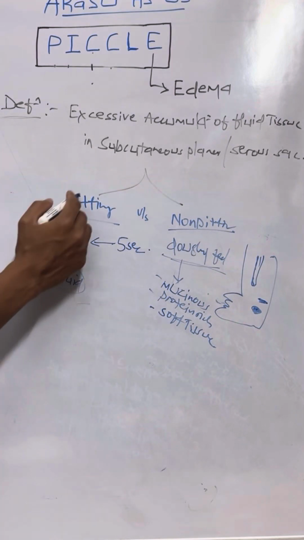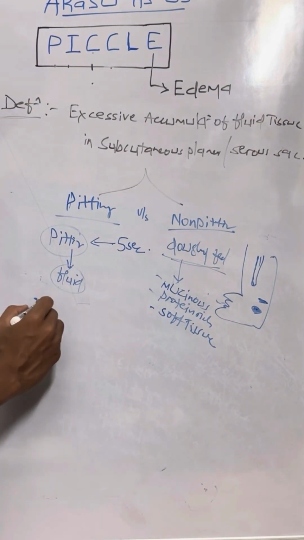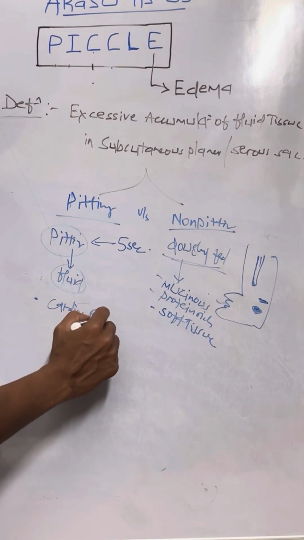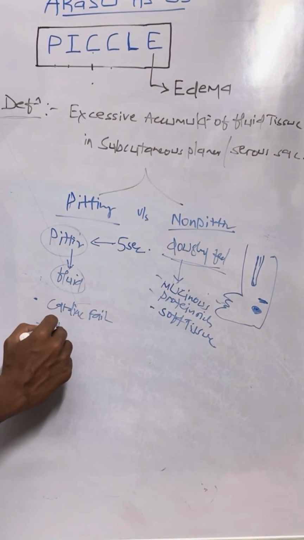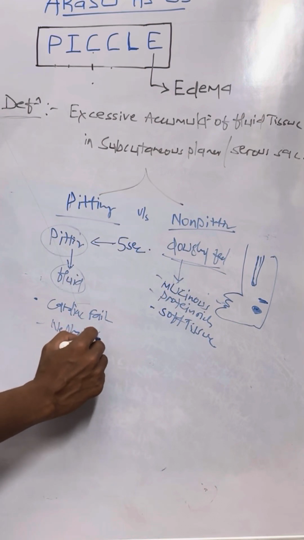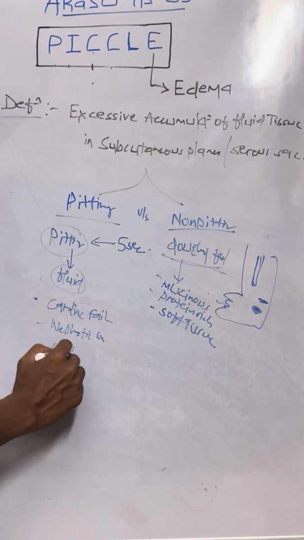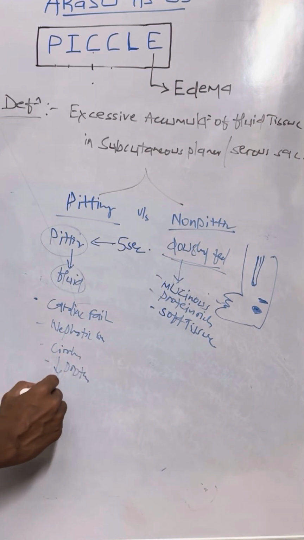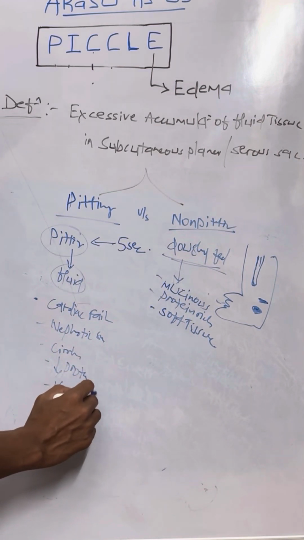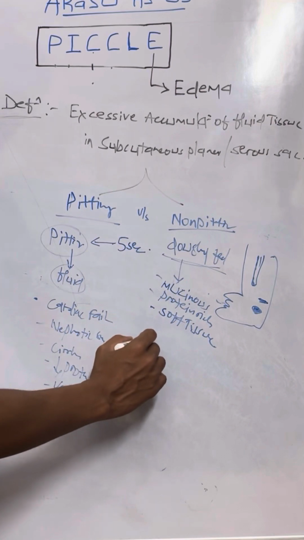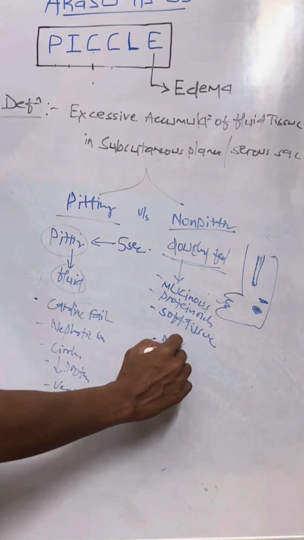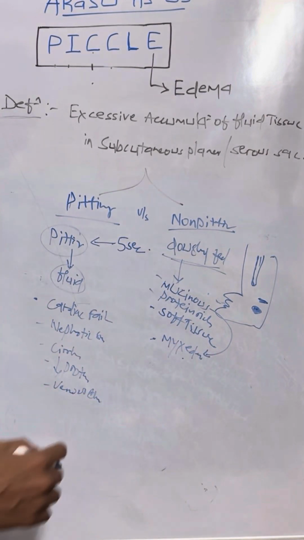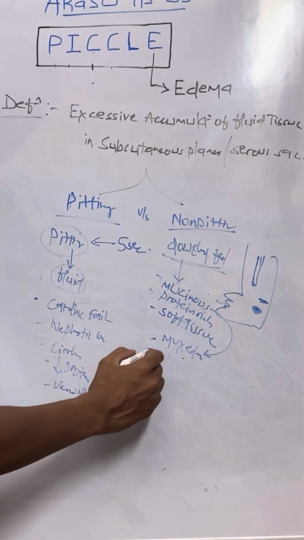Coming to the causes of pitting edema, we all know cardiac failure, congestive cardiac failure, then nephrotic syndrome and cirrhosis, low protein, hypoproteinemia, even venous obstruction. Whereas for non-pitting edema, we can consider myxedema, in which mucinous substance will accumulate causing edema.